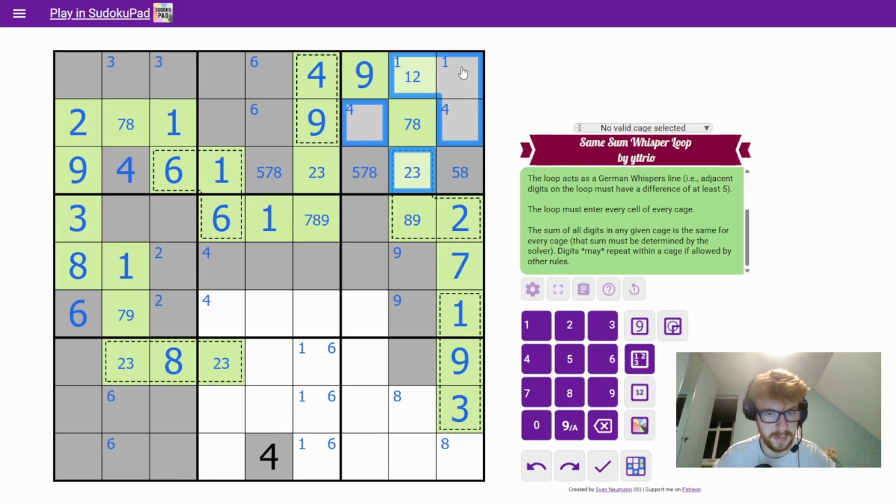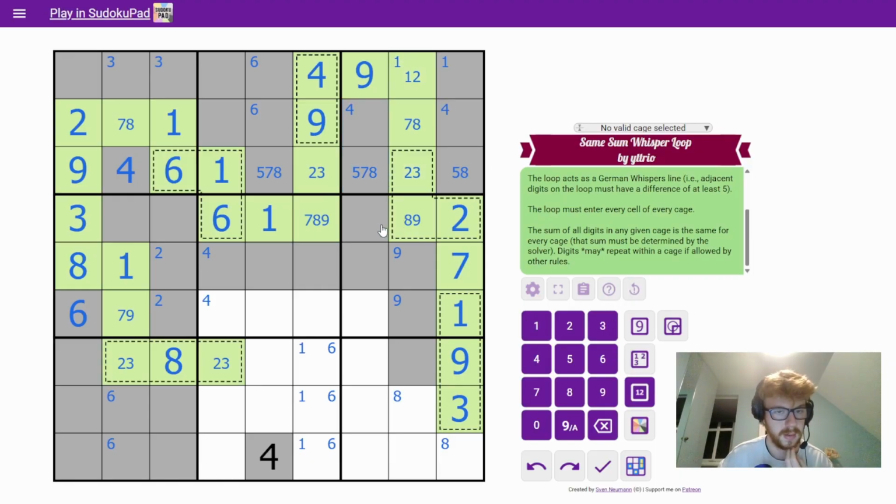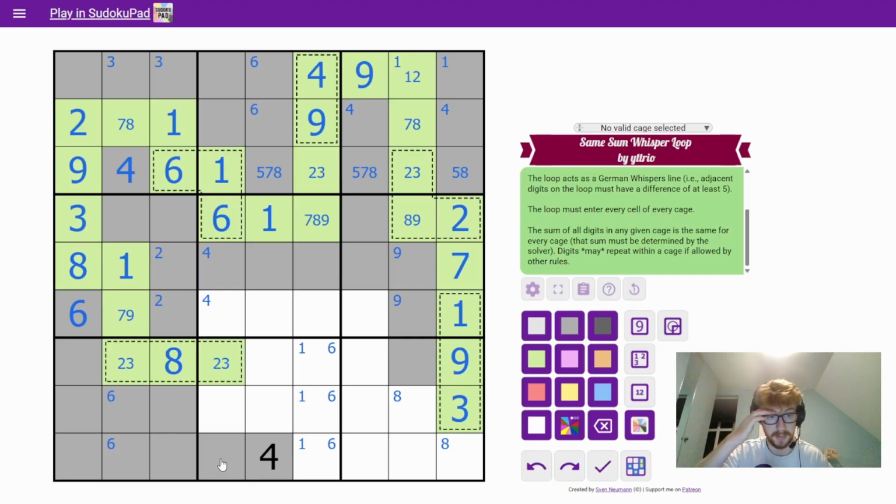And that is also 5, 7, or 8. No, 5 or 8, and then that's a 7. That all seems to work to me. If that's a 7, that's a 2. What do these digits do for me? Right. Is there any cell that I know cannot be on the loop? It's this one, I guess. We celebrate small victories. If this is the case, we can have 6, 1, and then something.